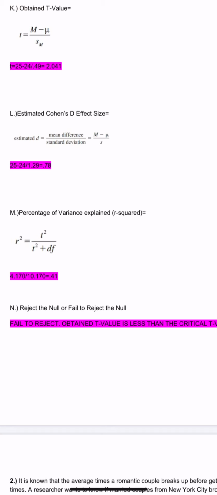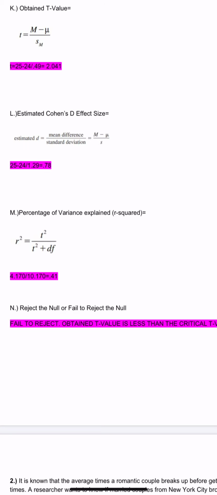A 0.8 is a large effect. So it's almost a large effect. You would say medium to large effect here. So there was an effect in this study. However, it wasn't statistically significant, and most likely it wasn't because there weren't enough participants. If there were more participants in this study, it might be statistically significant.